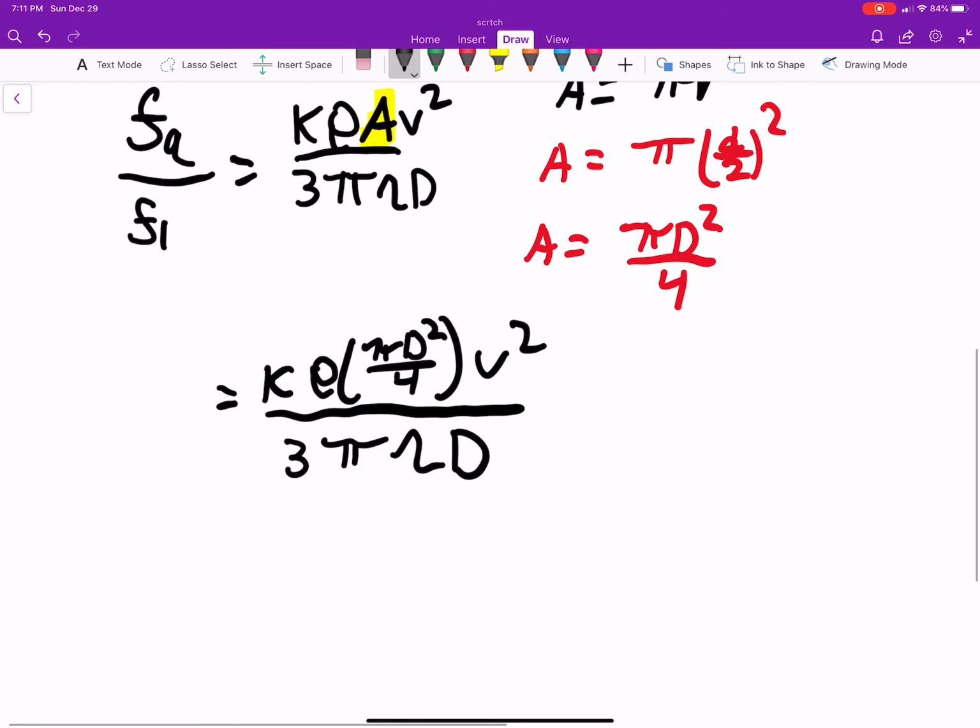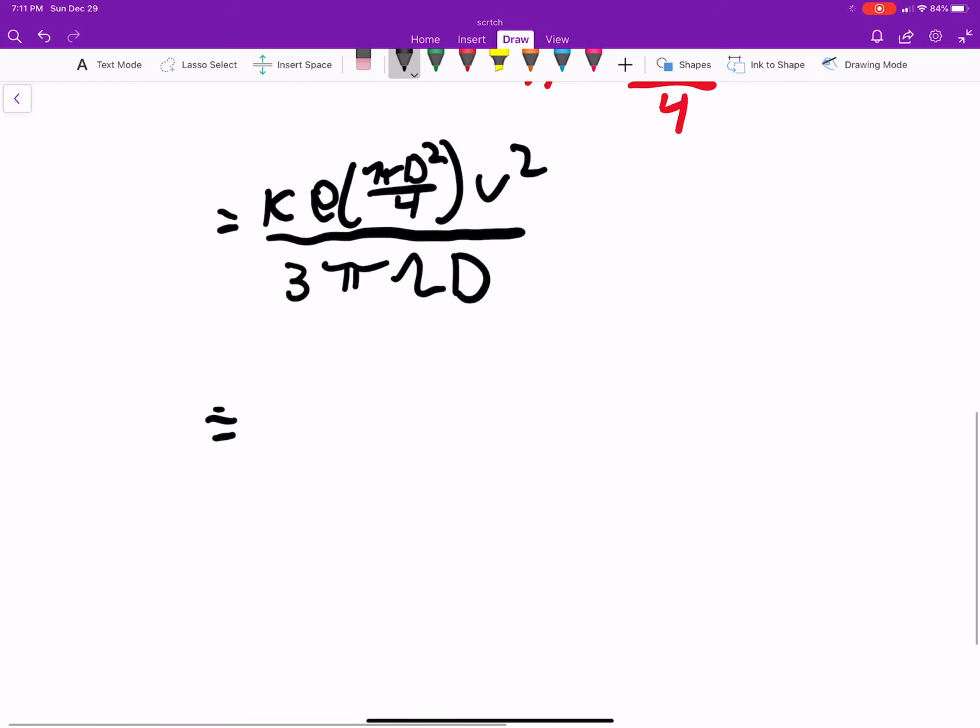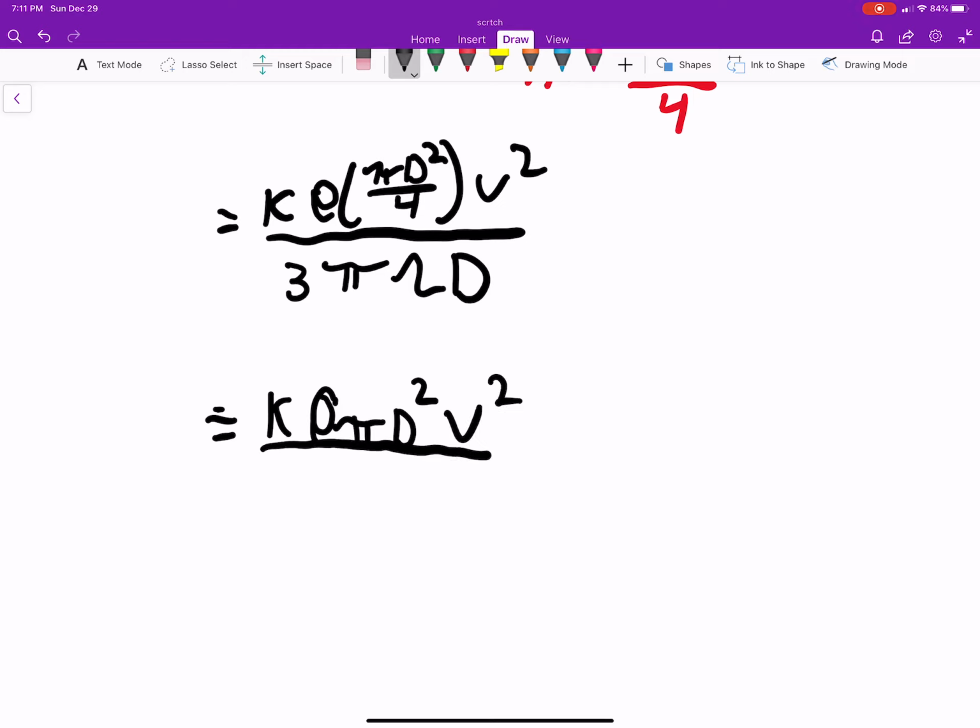And then we can write that. Okay, let's see. How can we simplify this? This will just be pi diameter squared times V squared all over what? Okay.